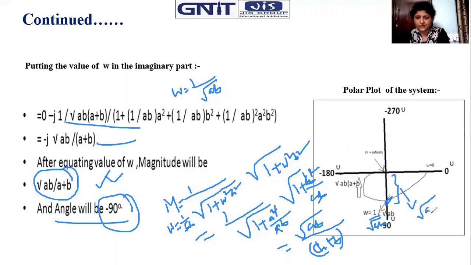The intercept is root under AB by A plus B. So this one is the intercept and this one is the corresponding frequency. Then it moves again through another 90 degrees and touches minus 180 degrees. What is the magnitude? That will be 0.